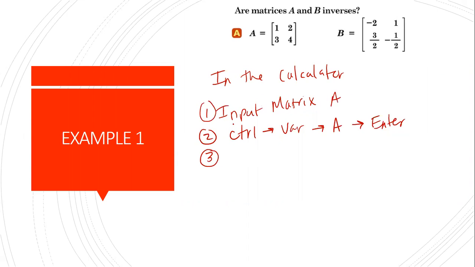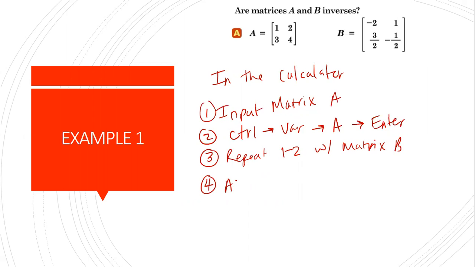Step 3 is you're going to repeat this. Repeat 1 through 2 with matrix B. So you're going to do the same thing that you just did with matrix A with matrix B. And then step 4, you're going to find your products.